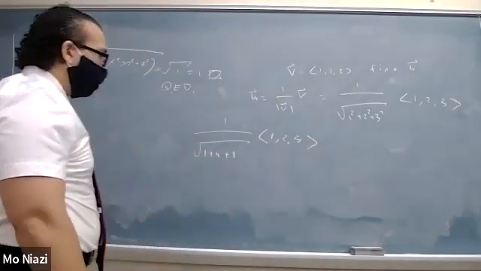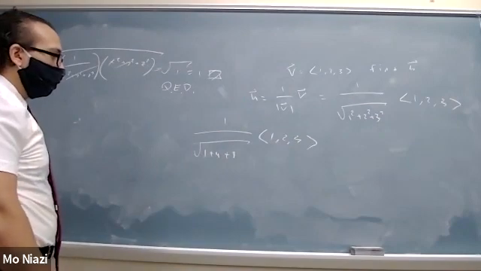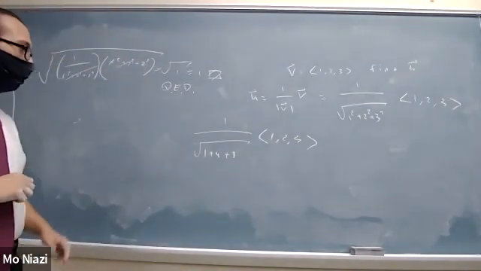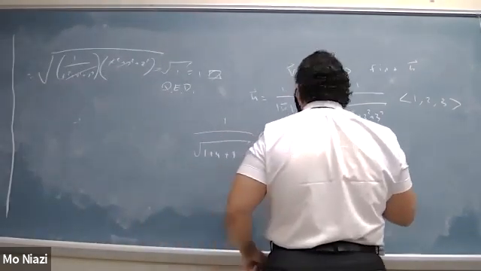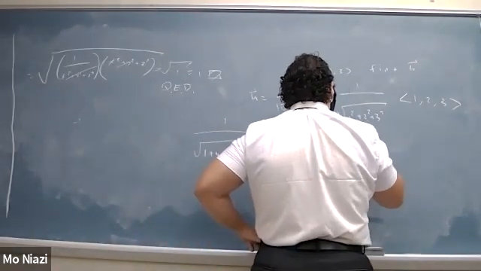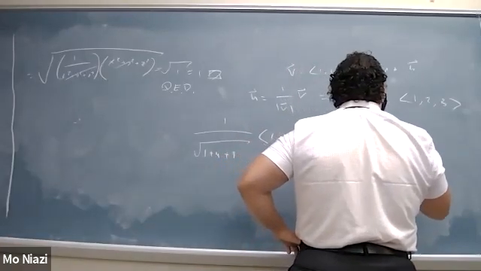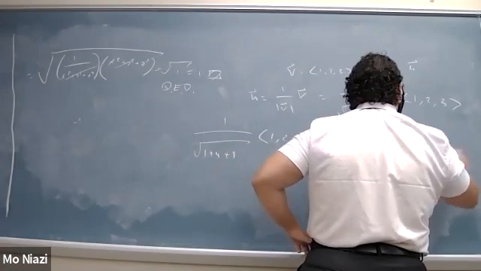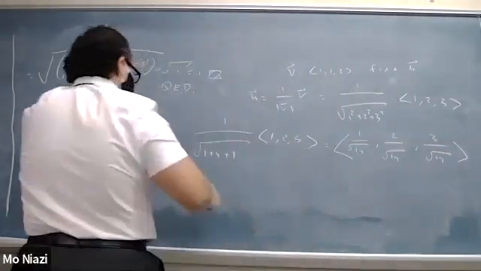What's this end up becoming? 1 plus 4 plus 9 is what? 14. So I distributed 1 over the square root of 14. That would be our unit vector right there.